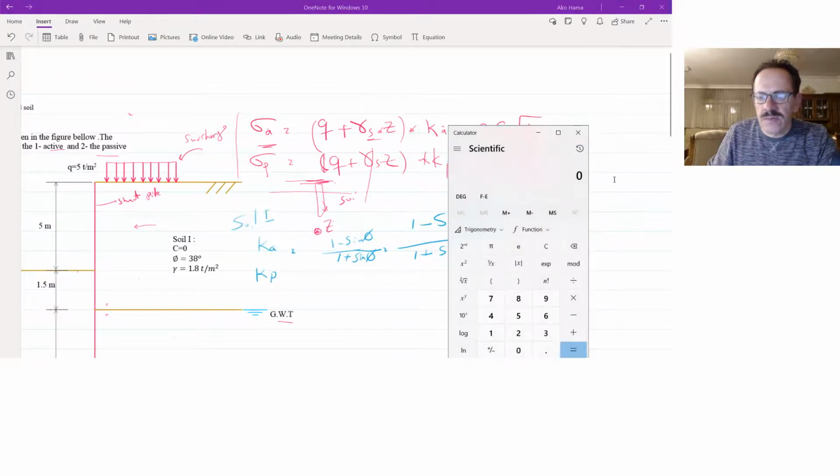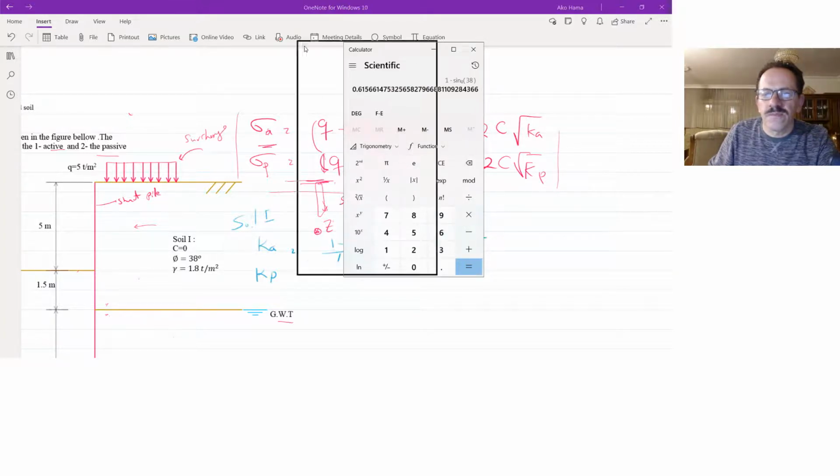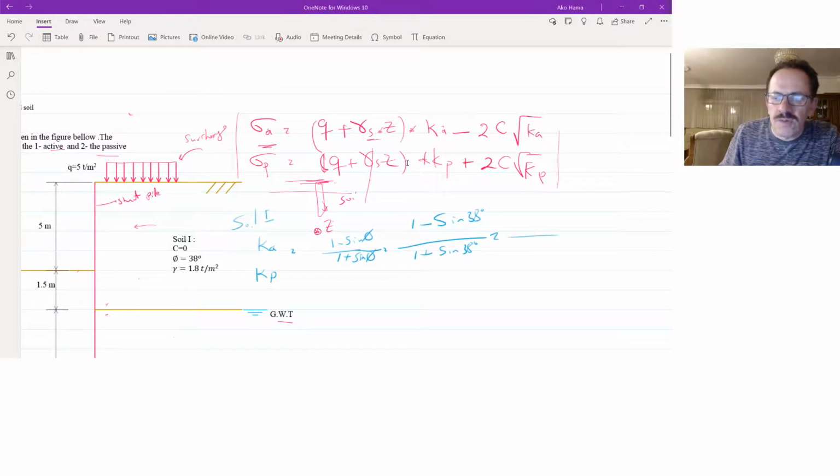Here's the calculator, and for the calculator, 1 minus sine of 38 is 0.615. So it's equal to 1 minus 0.615 over 1 plus 0.615.